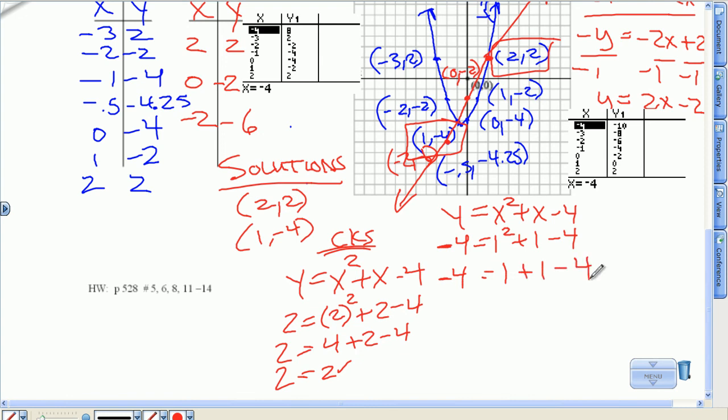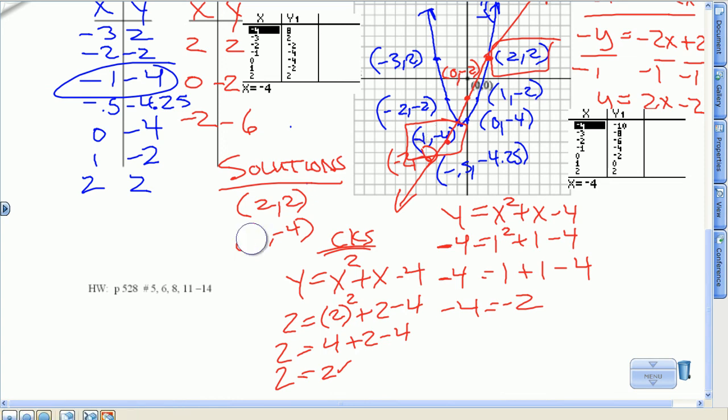And we see we get negative 4 is equal to negative 2. So we have a problem. Take a look at the graph and identify the problem. I see it. Can you see it? What did I do wrong? It was supposed to be negative right there, wasn't there? So that's supposed to be negative.